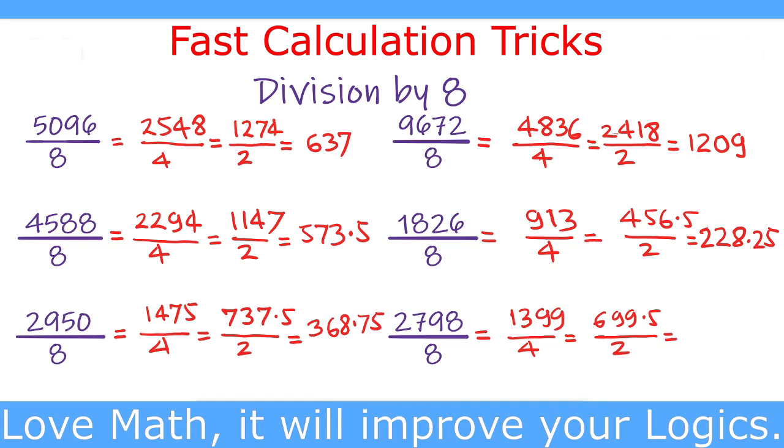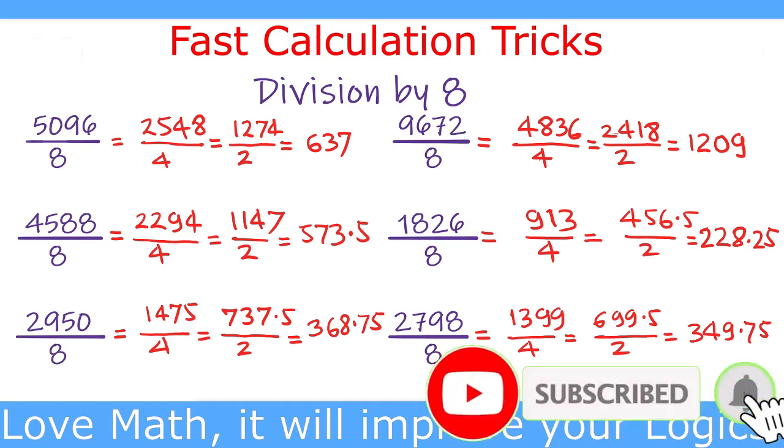Half of 700 is 350 and half of 0.5 is 0.25. So we subtract 0.25 from 350. So this becomes 349.75. This way we can divide by 8 very easily by making half the number for successively 3 times.